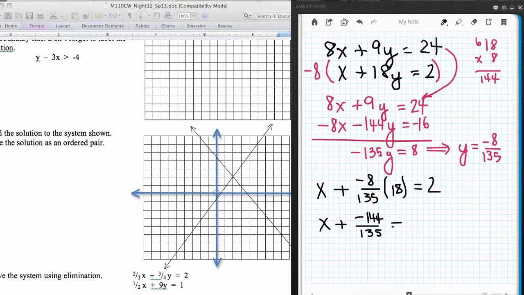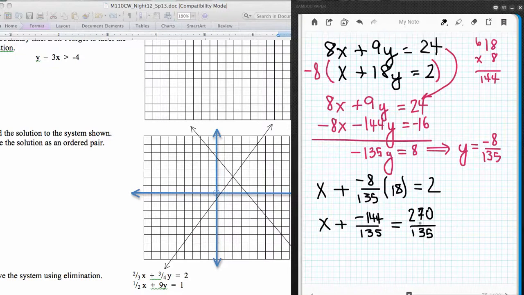135ths, and that's equal to, and I'm just going to put this in terms of 135ths right now, and that's twice that, so that's 0. Carry the 1, which would be 7, and then 2 times that is 2, so 270.